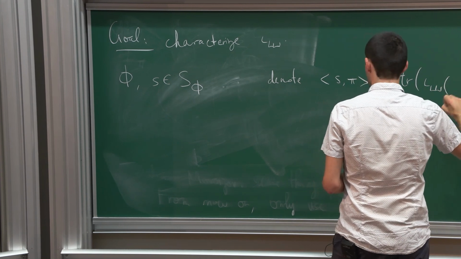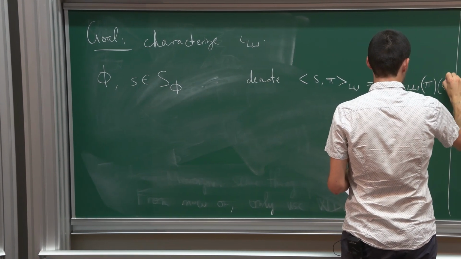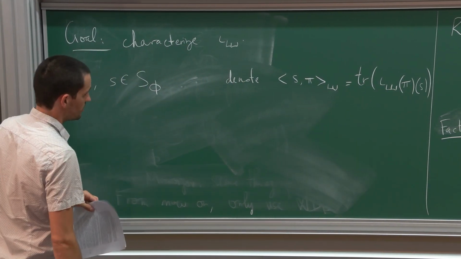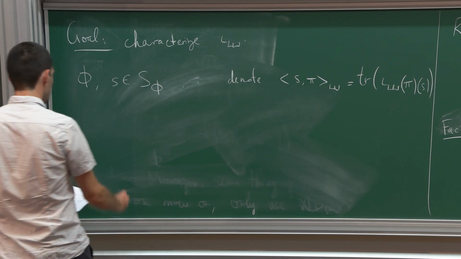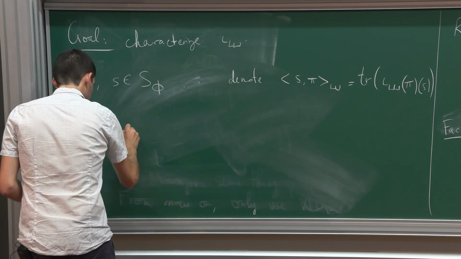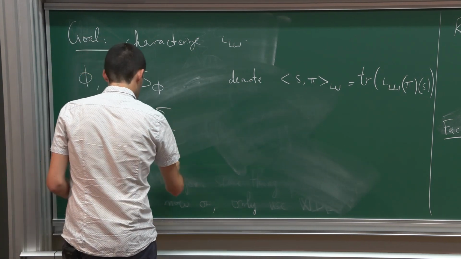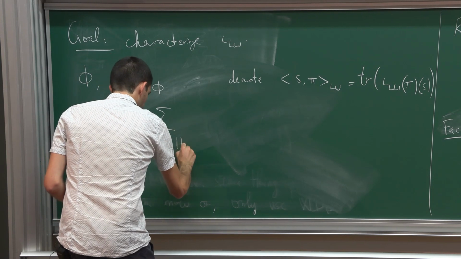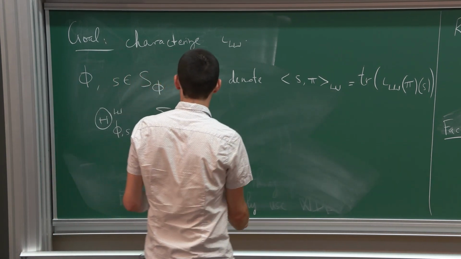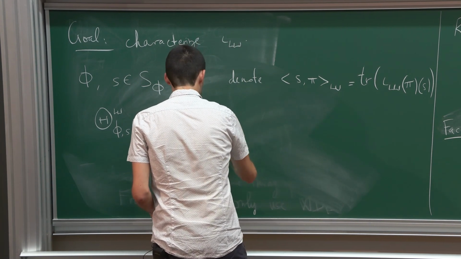Let's just introduce this notation. You take the trace of this irreducible representation of this finite group, and you take a linear combination of the Harish-Chandra characters of the elements of the packet.